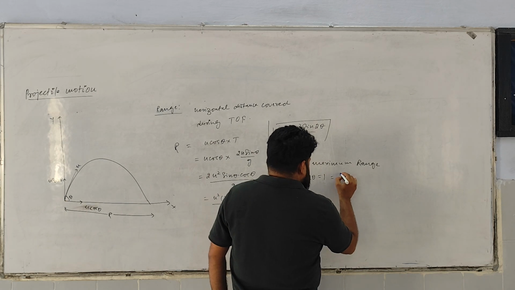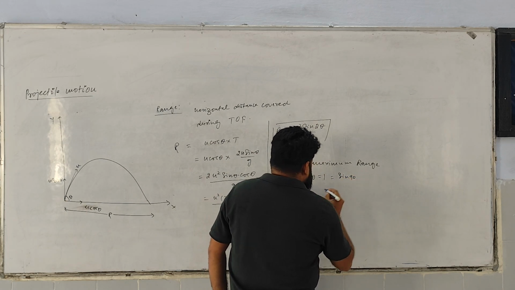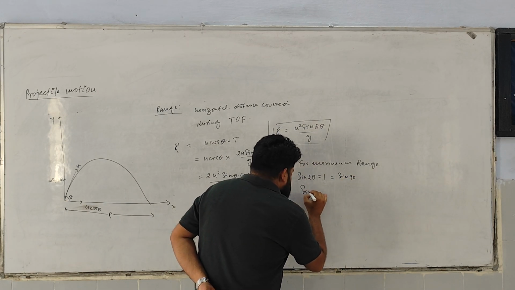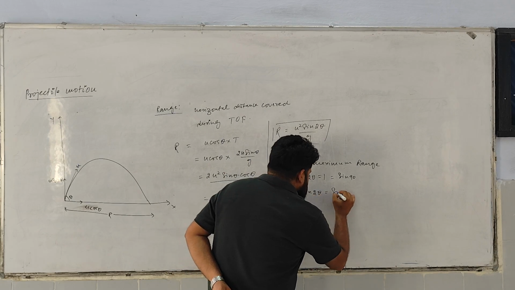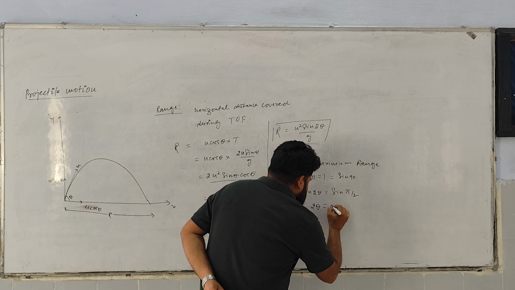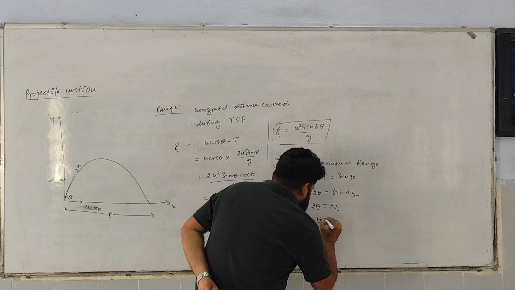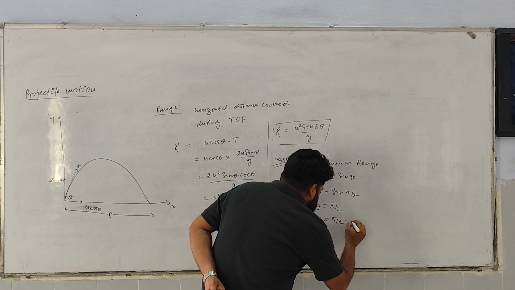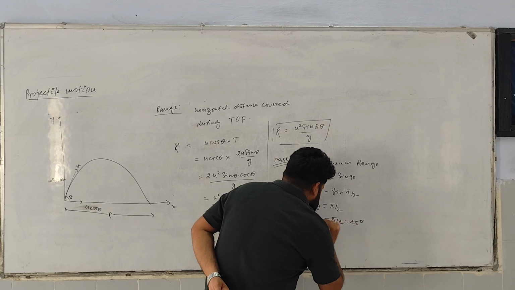That is sin 90. यानी कि sin 2 theta is equal to sin π/2. That means 2 theta is equal to π/2. That means theta is equal to π/4, यानी कि 45 डिग्री.